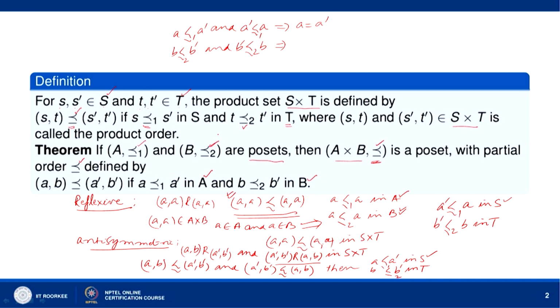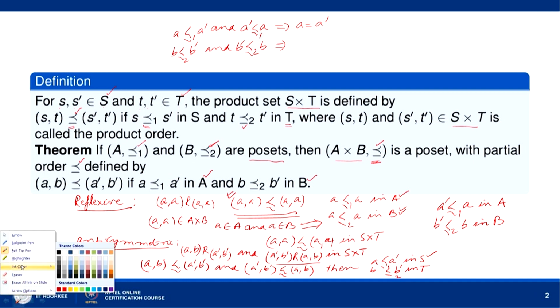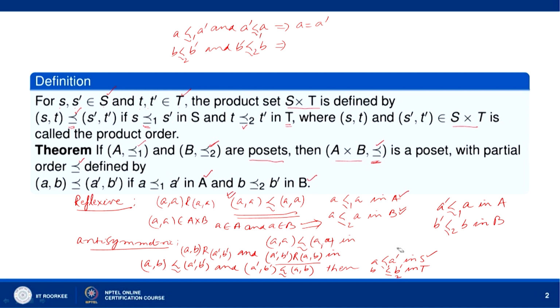Sorry, wherever I have written S and T, they are actually A and B. So, this is in A and this is in B. Now, b precedes b' in B and b' precedes b in B implies that b equals b'.